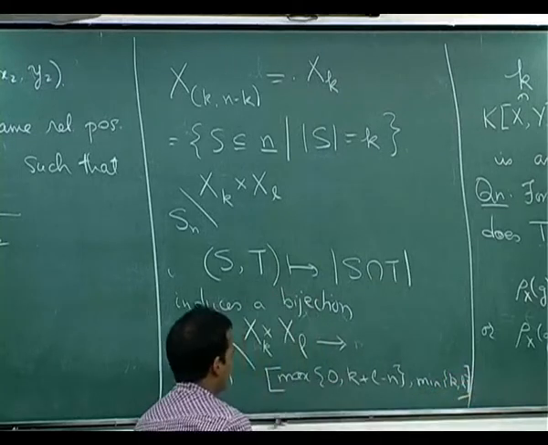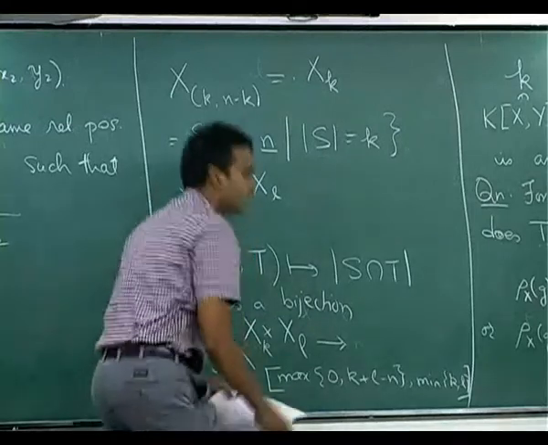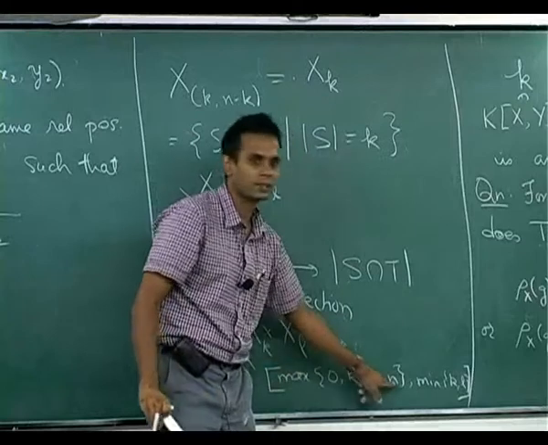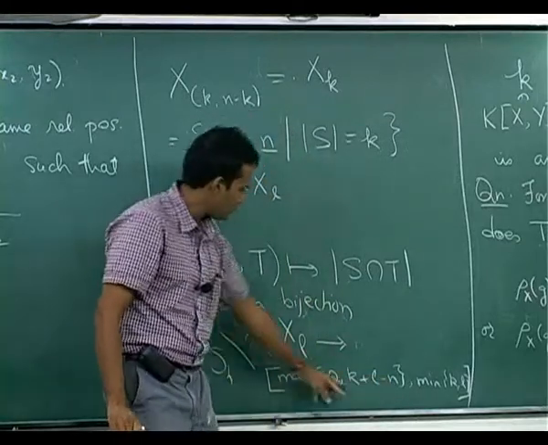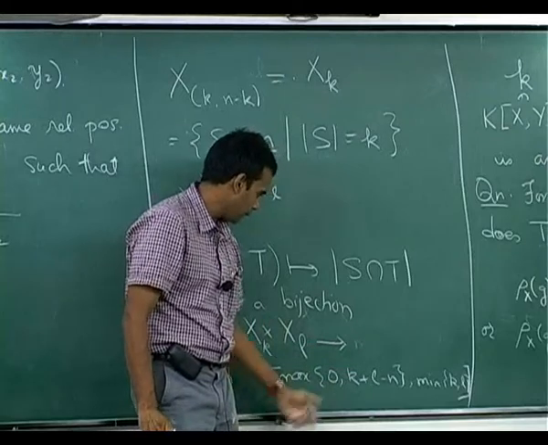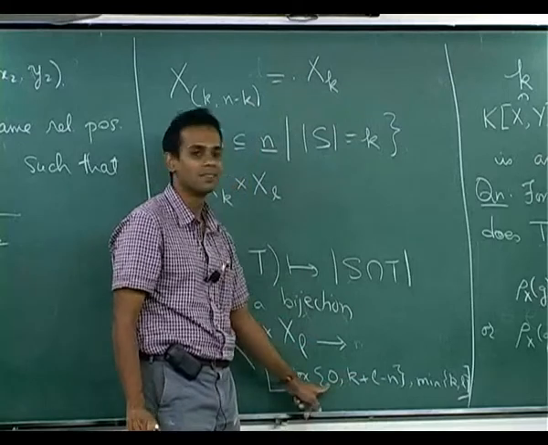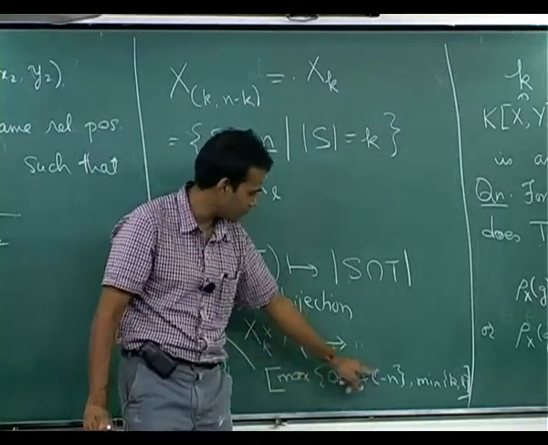The point is that if k plus L is larger than n, then the intersection cannot be 0. It has to be at least k plus L minus n. Okay, but if k plus L minus n is less than 0, the intersection still cannot be negative, it can be 0 only. So you must take the larger of 0 and k plus L minus n.